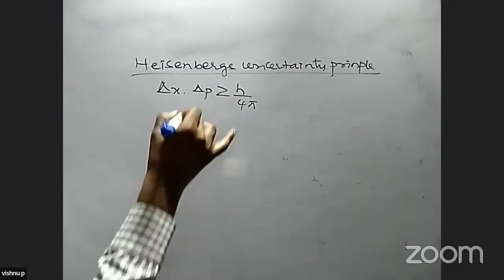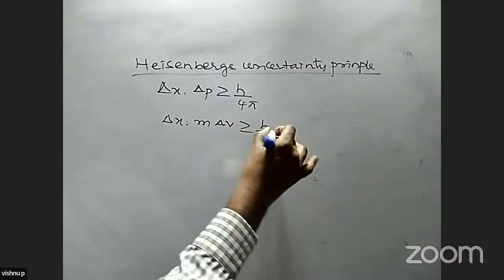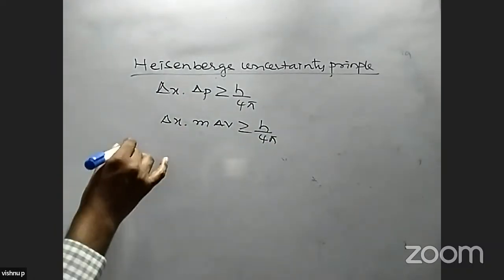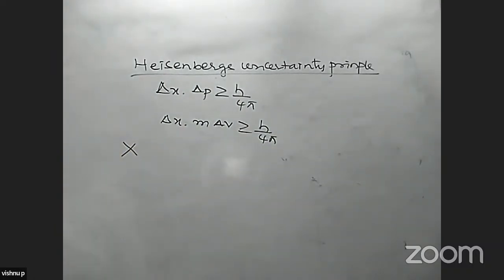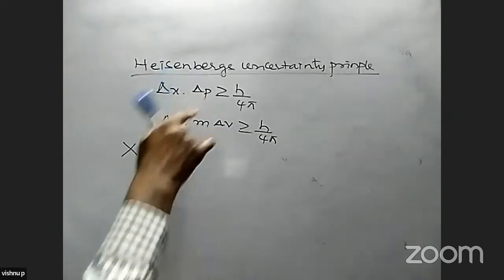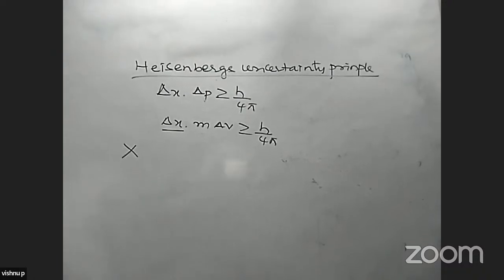Or we write here delta x into m delta v, where p is the momentum, greater than or equal to h by 4 pi. What it explains is that it is not possible to find out the exact position and also the momentum of an electron at the same time, or simultaneously. It is called Heisenberg's uncertainty principle.